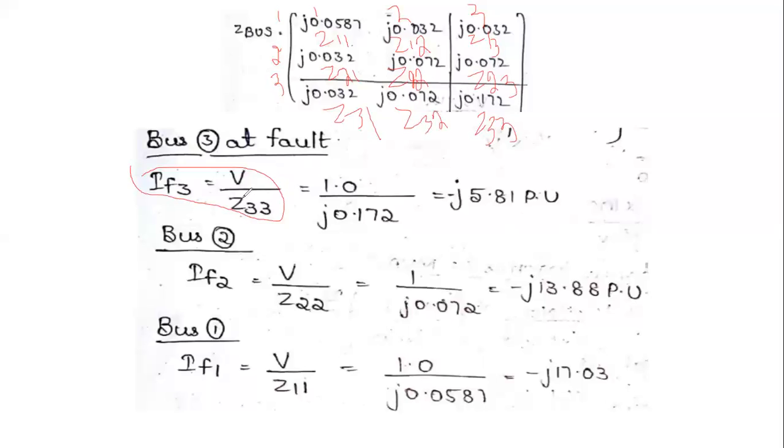Then we substitute. What is the Z33 value? J 0.172. This is the fault current at bus 3.